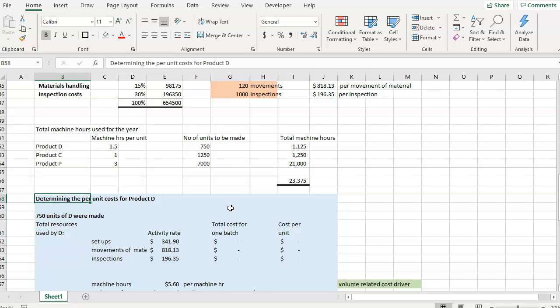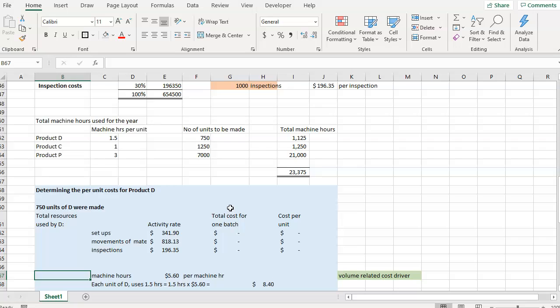Now we're going to look at product D. 750 of those units are being made. So what were the resources used up by D in this manufacturing process? D used 75 setups.